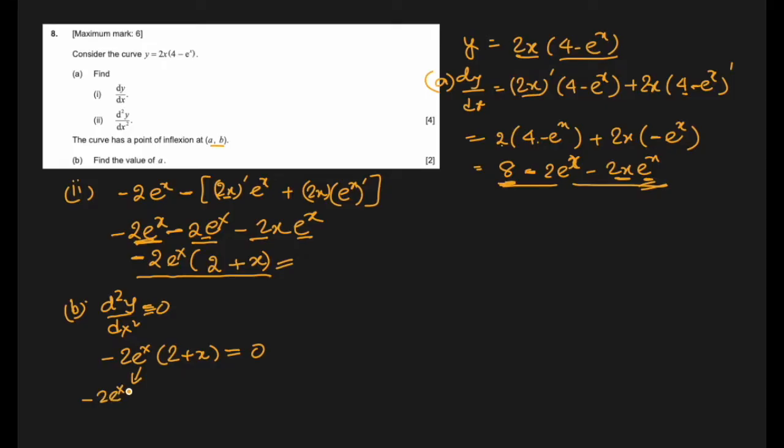Minus 2e^x is 0 or 2 + x is 0. Minus 2 cannot be 0 and e to the power anything cannot be 0. Even e^0 is 1. So this is an invalid equation which we reject. So our answer will be x equal to minus 2, which is the value of a, the x coordinate of the point of inflection. This is a equal to minus 2.